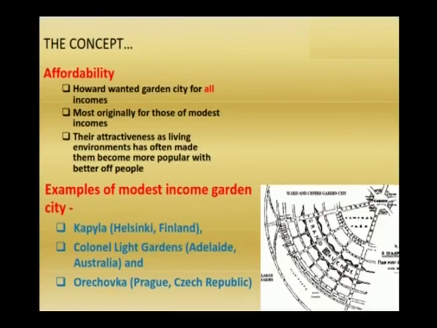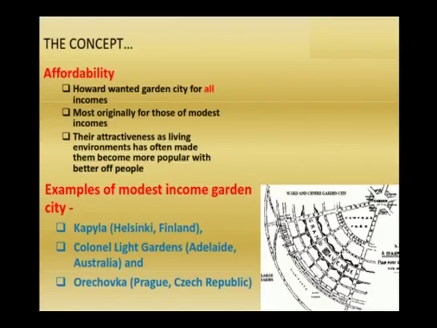If you look at affordability, he wanted the garden city for all economic groups, for the poor as well as the rich. Most originally, it is obviously suited for the middle income or the modest income groups. Their attractiveness as living environments has often made them become more popular with the middle class, upper middle class as well as the richer classes.